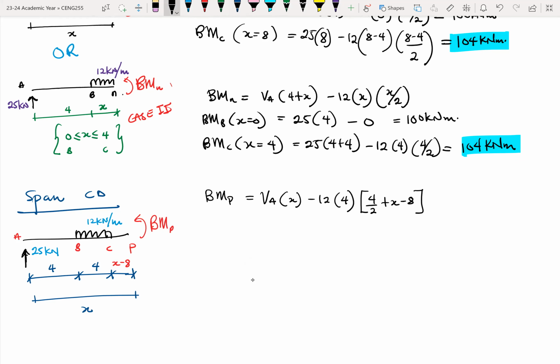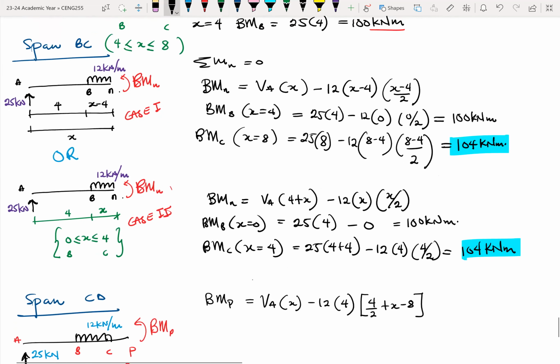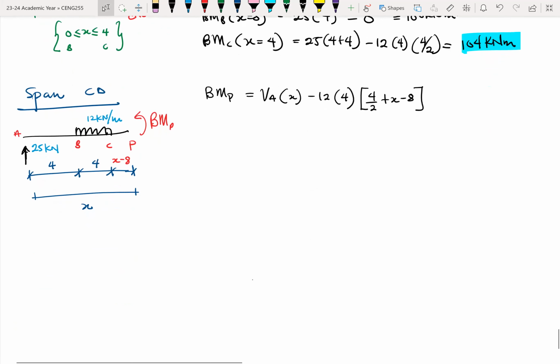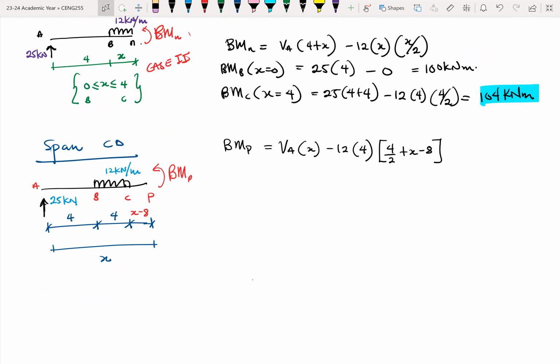Again, if you don't understand anything, let me know. I'm assuming that we all understand it, so we are good to go. I'll come back to something quickly when I start drawing the diagram. So the bending moment at C, because our key point is C between C and D.